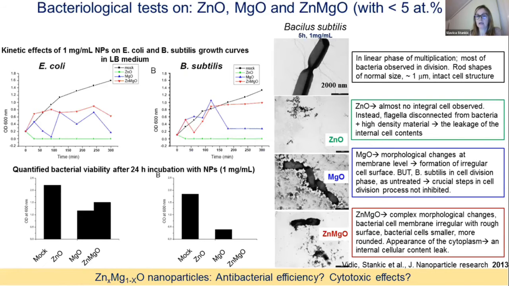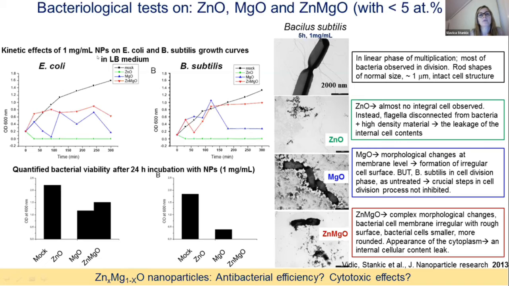We then performed different bacteriological tests using two typical model bacteria, Escherichia coli and Bacillus subtilis, and we followed the growth curves by measuring optical density at 600 nanometers.